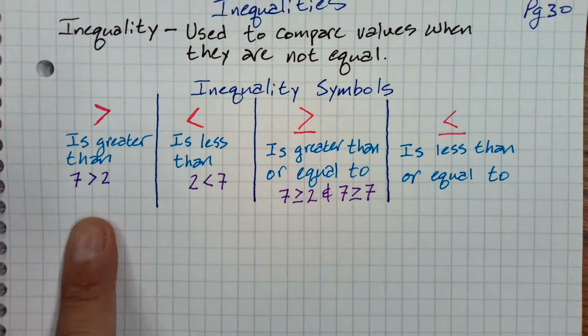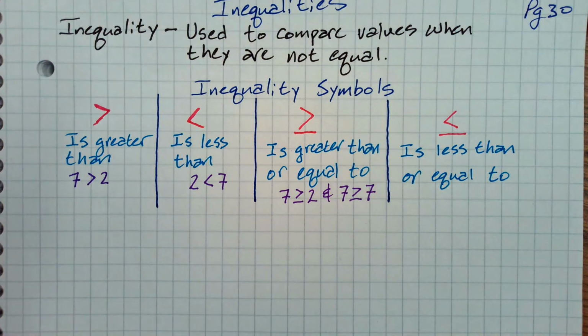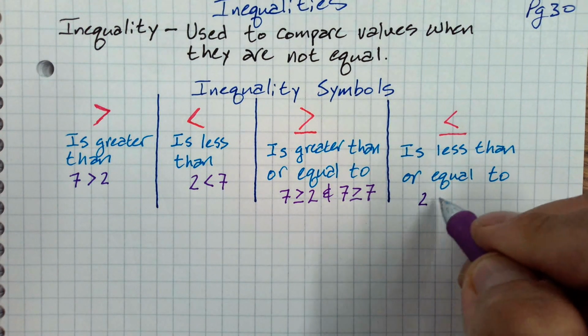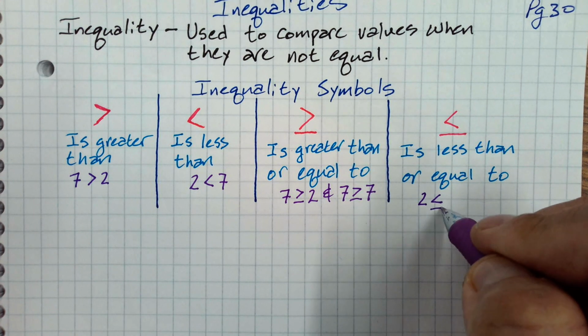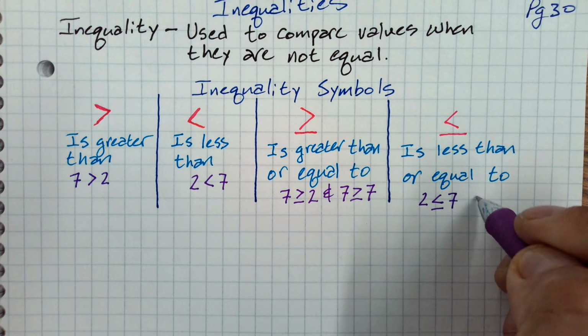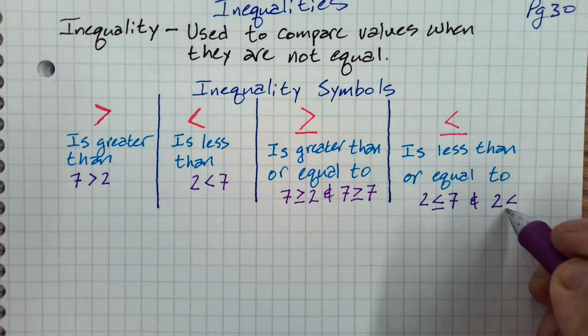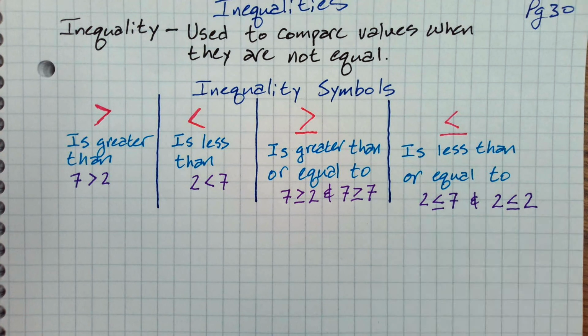And so we can use the example we used before here. We can say 2 is less than or equal to 7. That's true. And 2 is less than or equal to 2. That's also true.